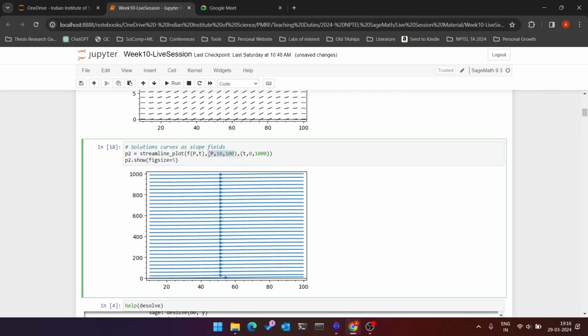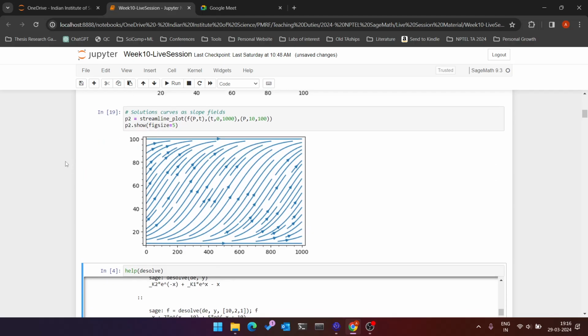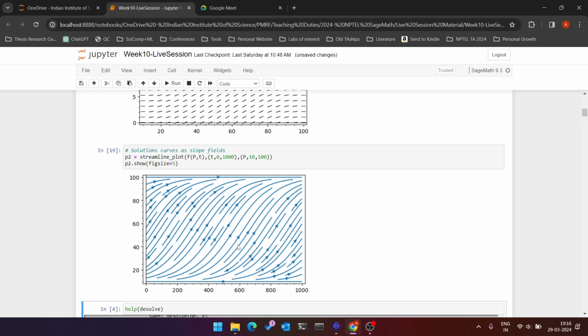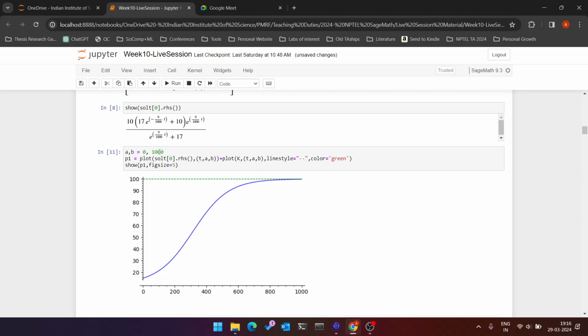I think I should flip around the x and y axis to show this better. Okay, so this is P and this is T, and now you can see that our solution started off somewhere here, and then it converged after around 800 or so from this plot, and from this plot also it comes out to be similar.